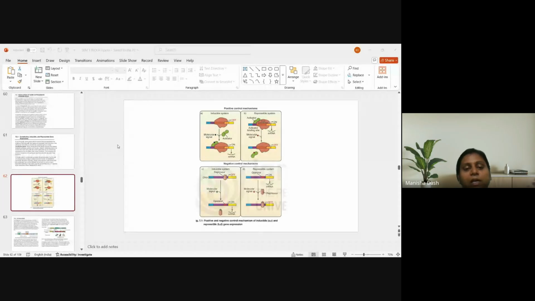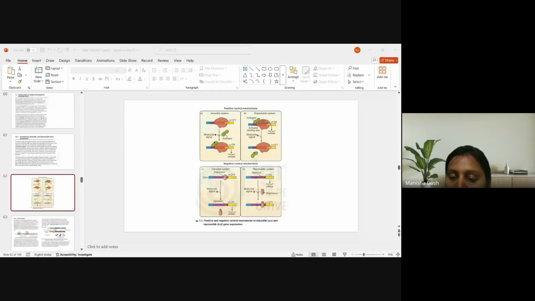Repressible is when the signal molecule activates the repressor to switch off the gene. So that is what is called a repressible system. As the name indicates, inducible means something is induced, repressible means something is repressed.